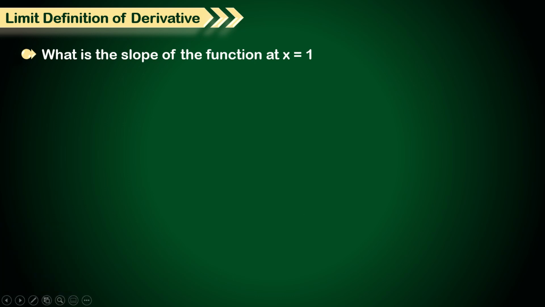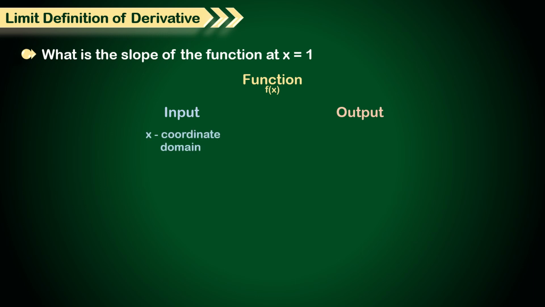Before we proceed in solving the slope of the function, let's make it clear the output of a function and the output of a derivative. A function is a system of input and output. Input is the x-coordinate or domain, and the output when you substitute the x-coordinate to the function is the y-coordinate or range.